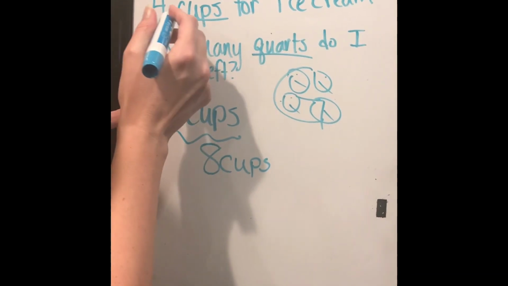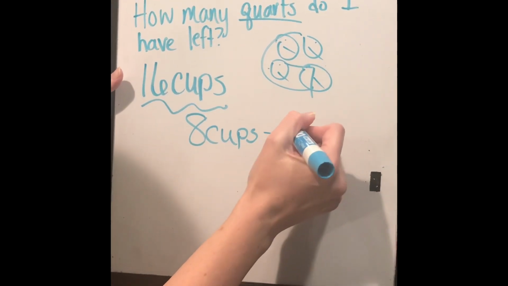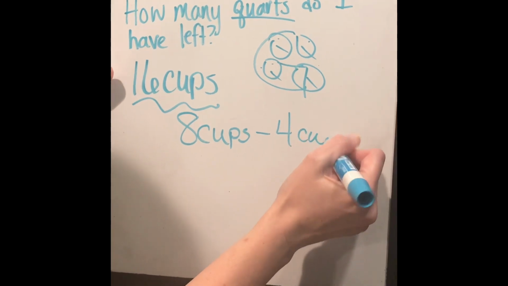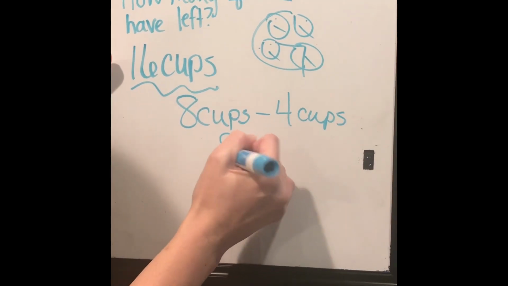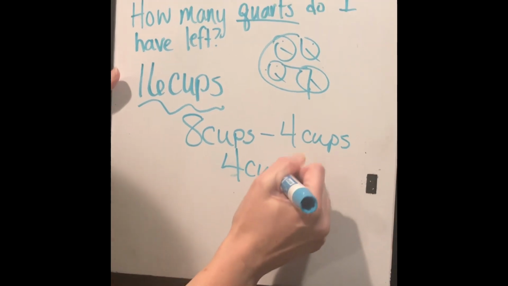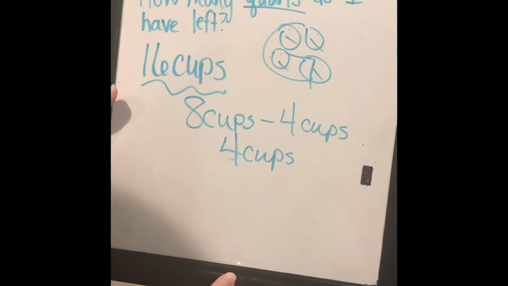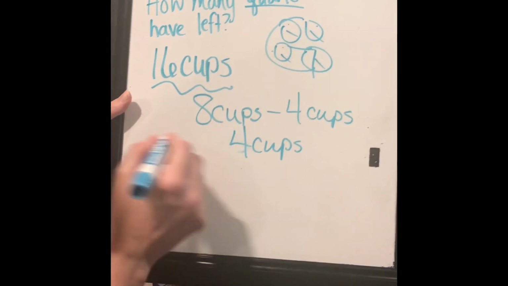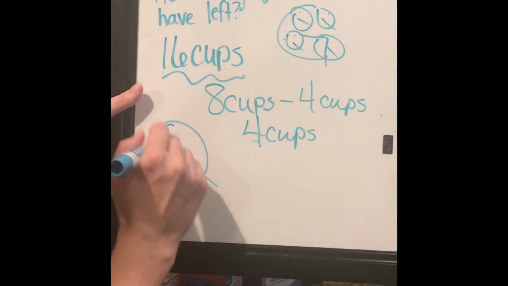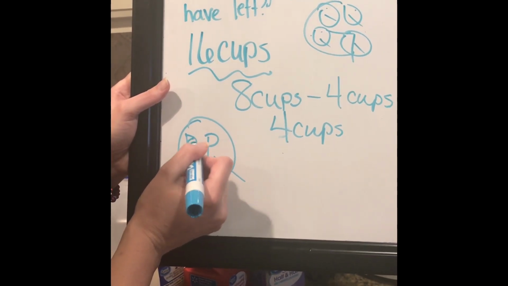But then I'm going to use 4 cups for the ice cream. So if I do 8 cups minus the 4 cups, that means that I have 4 cups left over. But the question asks, how many quarts do I have? So I can think back to this drawing. And if I had my quart, I have 2 pints in the quart, and then in each pint I have the 2 cups.